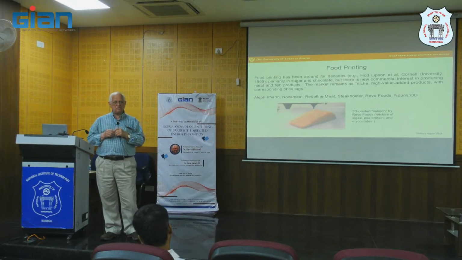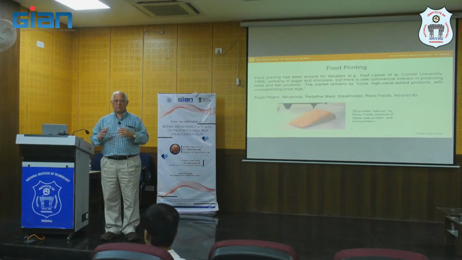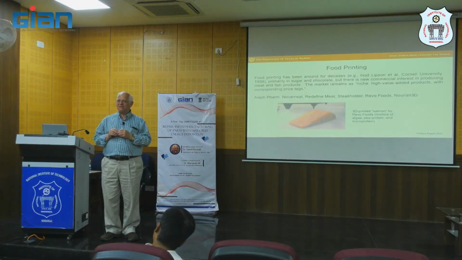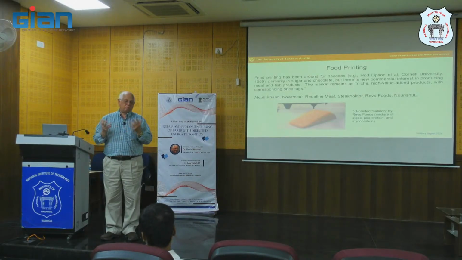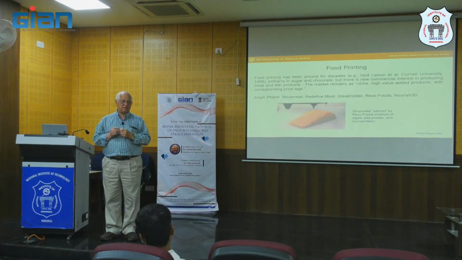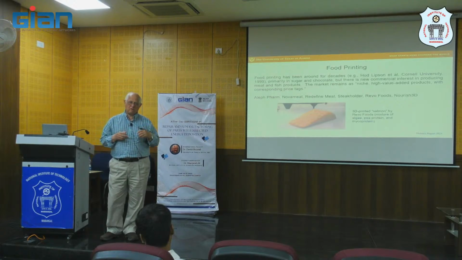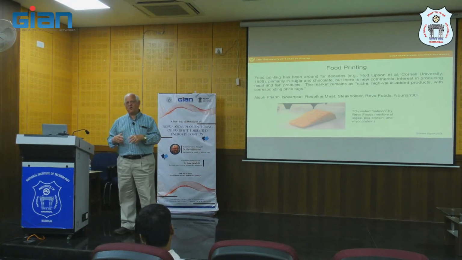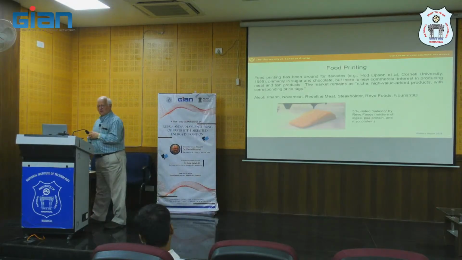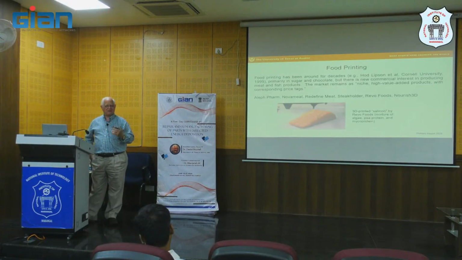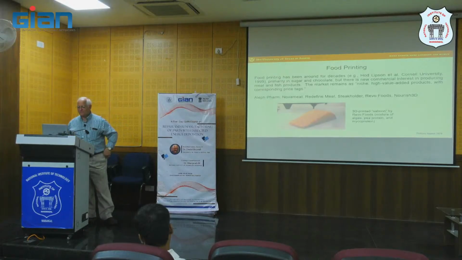But once the database gets big enough for it to pull from, AI should theoretically be able to optimize all 75 or 100 parameters to get a desirable output, be it optimum mechanical properties or optimum surface finish or whatever. So that's another, more technical use of AI.